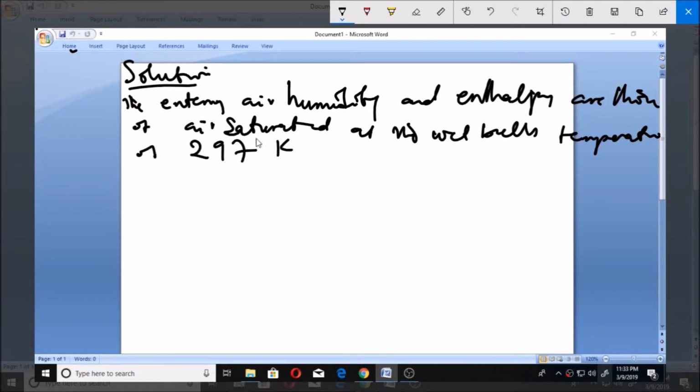Very important: note that it is at the wet bulb temperature. That's what we calculate with.